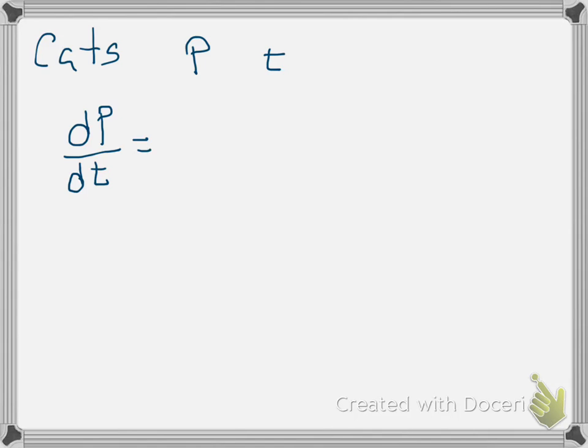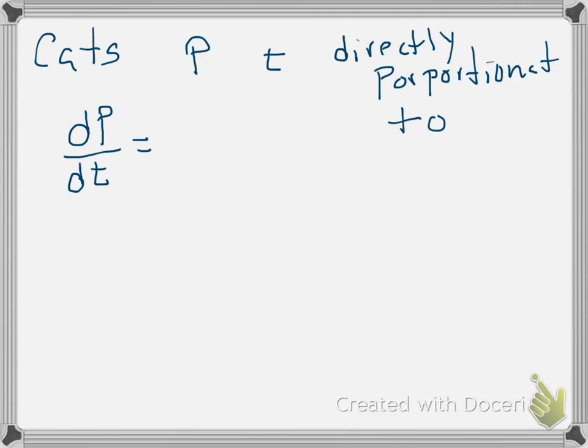Now, we said that that was directly proportional to the population, P. So what we would need is a proportionality constant, K. Okay. So there is our very nice differential equation.